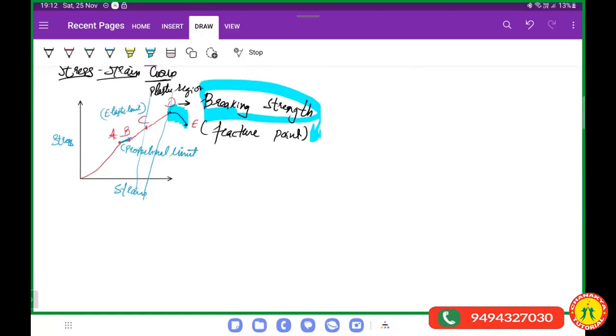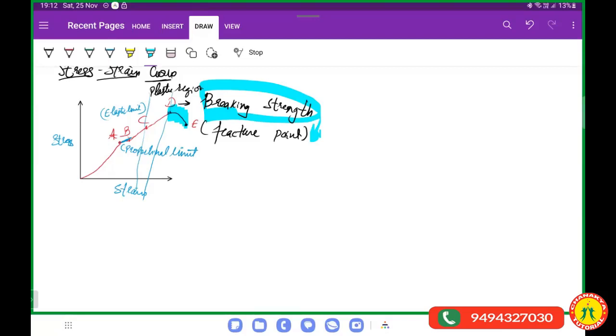What is brittle material? What are brittle and what is ductile? So brittle is the ones which are easily broken. Easily broken.